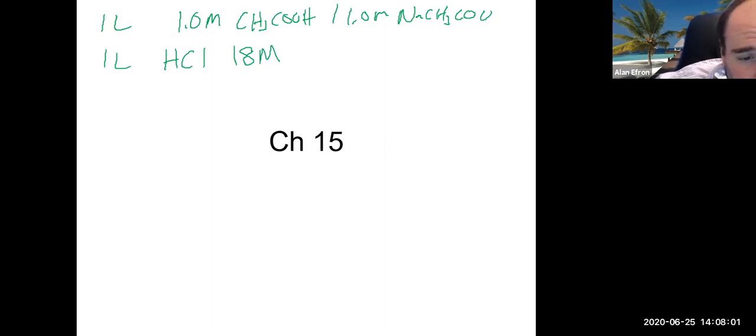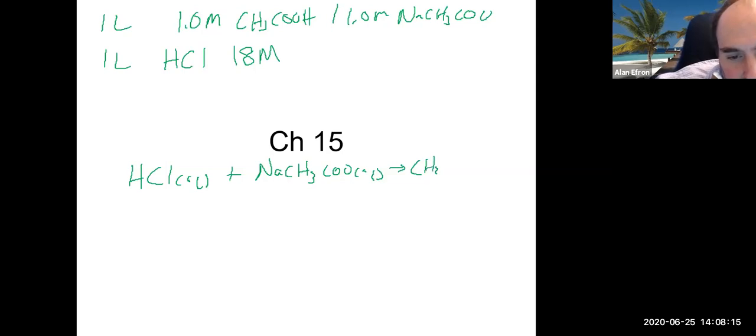So when we add the HCl, just like we did previously, the HCl would react with our sodium acetate. And again, we would get our acetic acid and our sodium chloride. Whoops, running out of room there at the end. Hang on a sec.